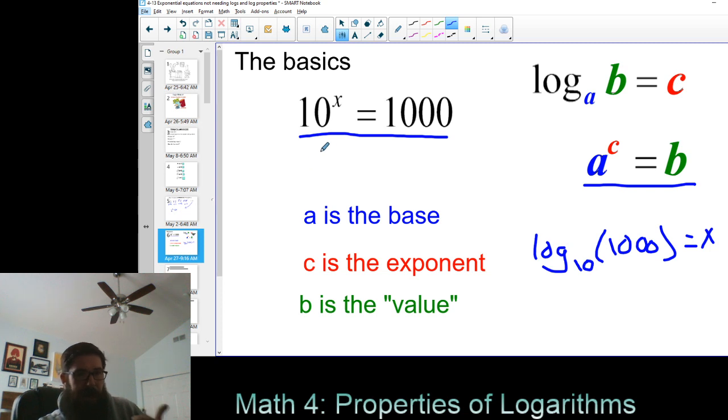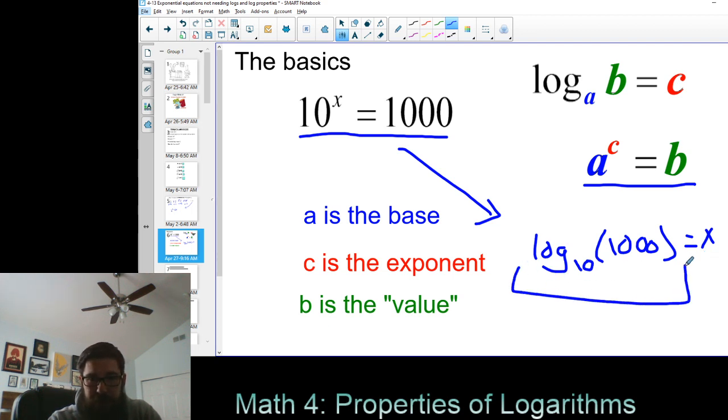So I went from an exponential, and yes, we know the answer, it's 3, and rewrote it in a form where x is very clearly isolated. That's where you're going to need logarithms. Now, what does this actually mean? This means 10 to what power gives me 1,000. That's where that 3 comes in.